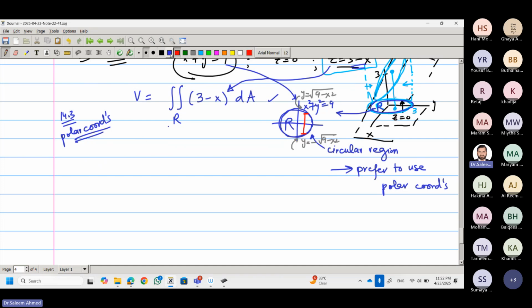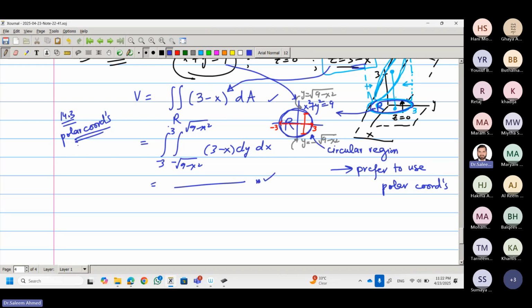So my limits go from minus root of 9 minus x squared to root of 9 minus x squared, with 3 minus x as my function and dy. Then x goes from left to right, from minus 3 to 3 because the circle has radius 3. It will be a little difficult, but it is doable.